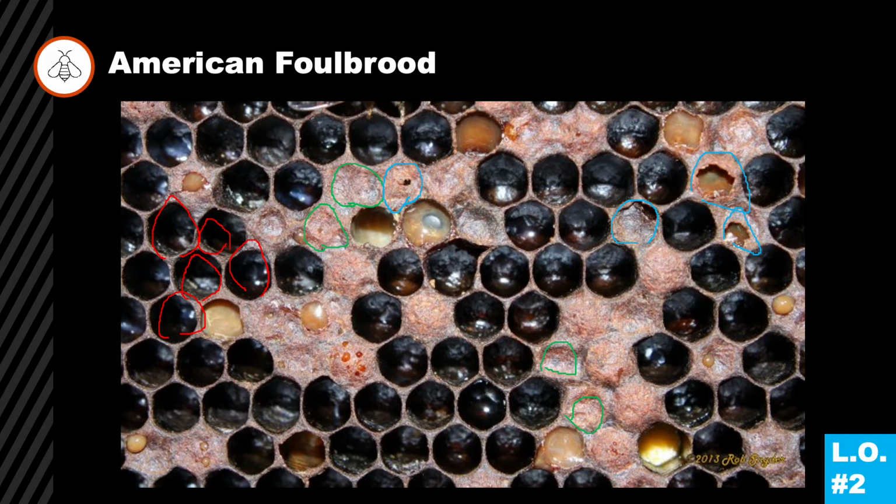And then you also see what's referred to as sweaty caps. Here you can appreciate that it's sweaty. It actually looks purulent to me, the infected pupa and its contents leaching through the wax cap over the cell.